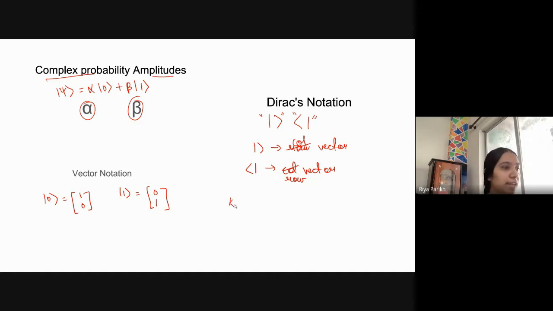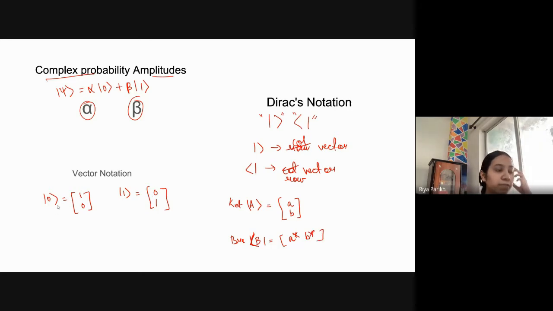So ket A will be a column vector A, B, and bra B, denoted by the symbol, will be the row vector A star, B star.